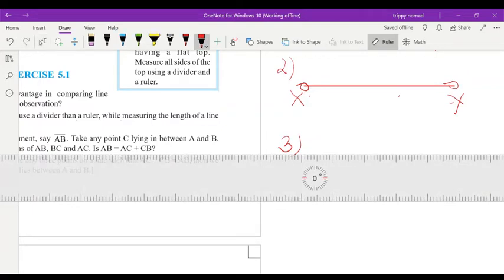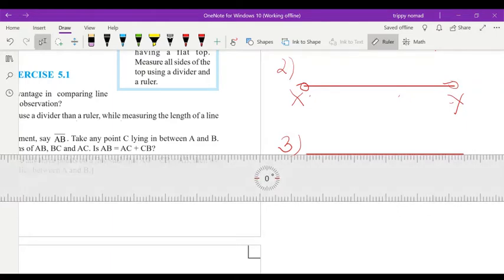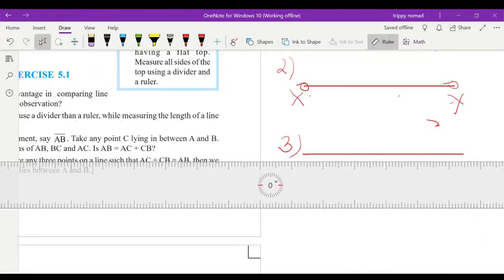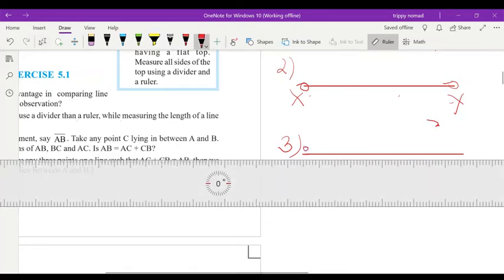Suppose, children, I am drawing here one line segment with the help of the scale. I have drawn here one line segment. I am writing here 0, then 1, then 2, then 3.